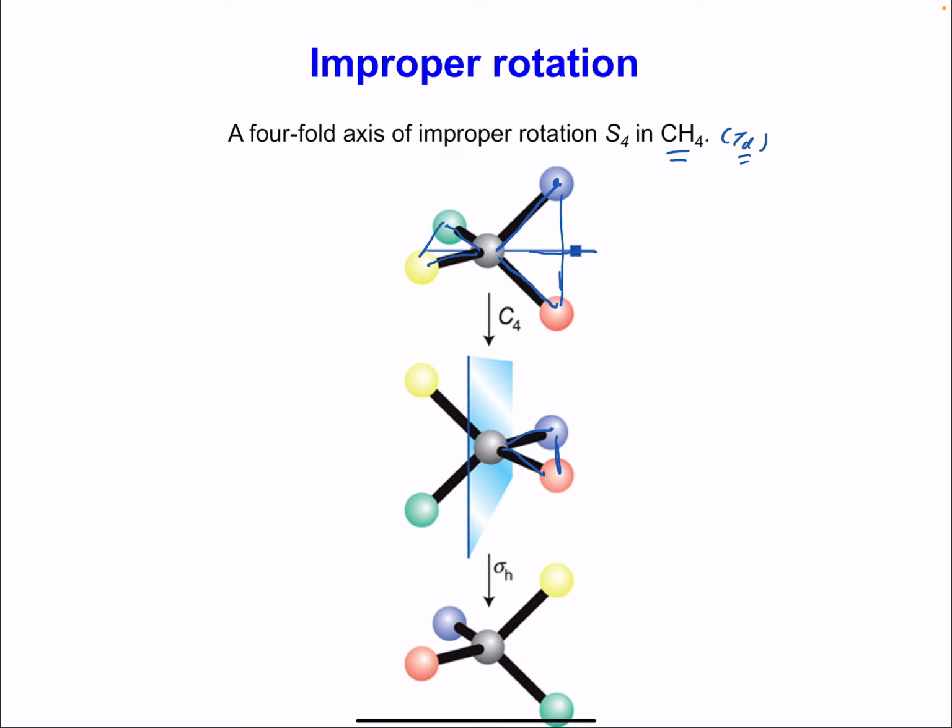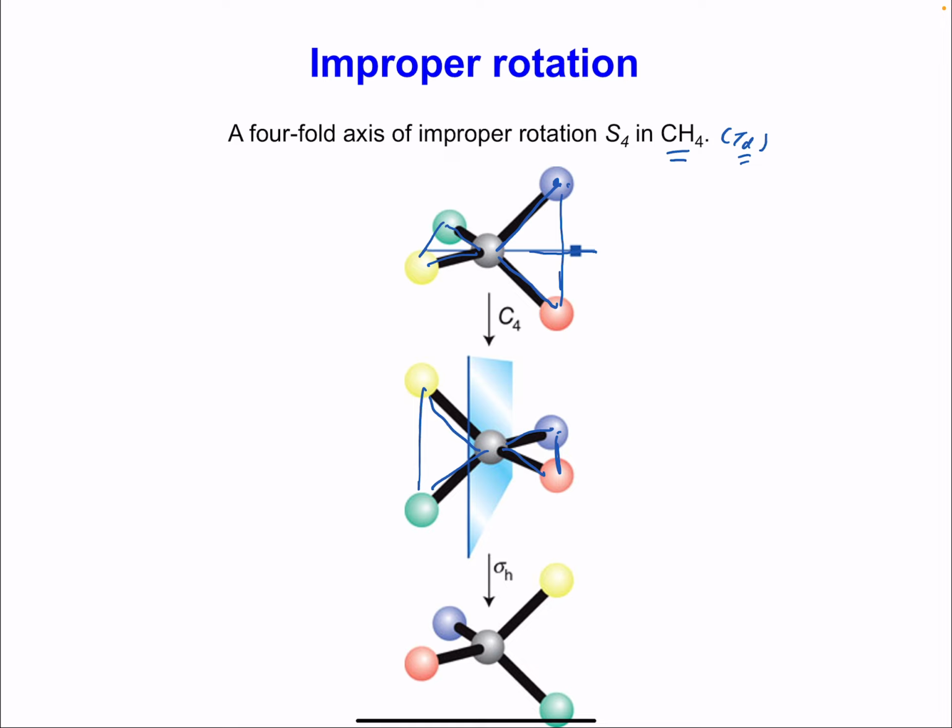If you rotate 90 degrees, this plane will become perpendicular to this screen. Same thing happens to this plane. It was perpendicular to the screen, right now it's in the screen. You see after this C4 rotation, the methane does not keep the same spatial arrangement, because the blue moved to this position.